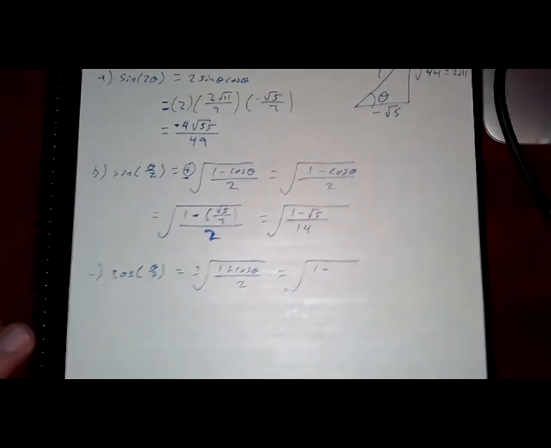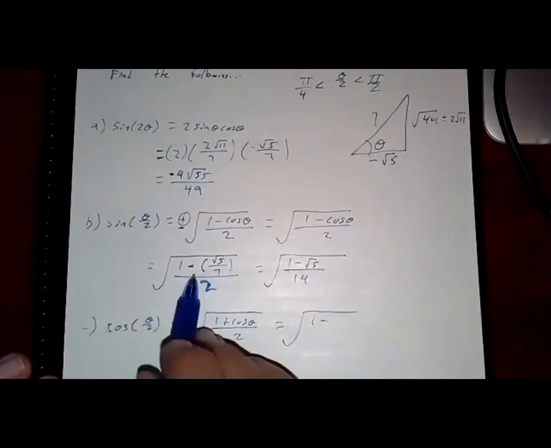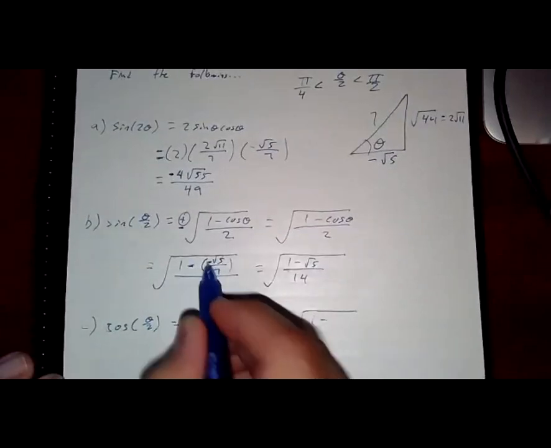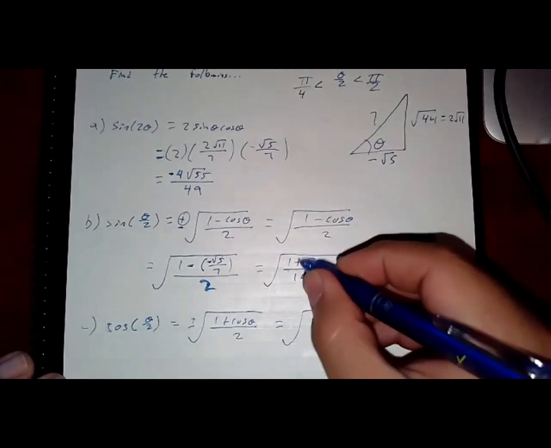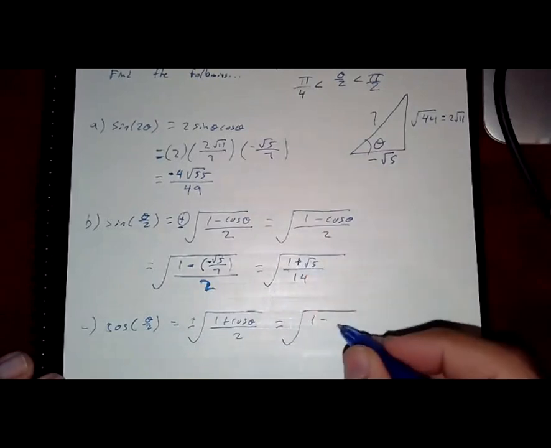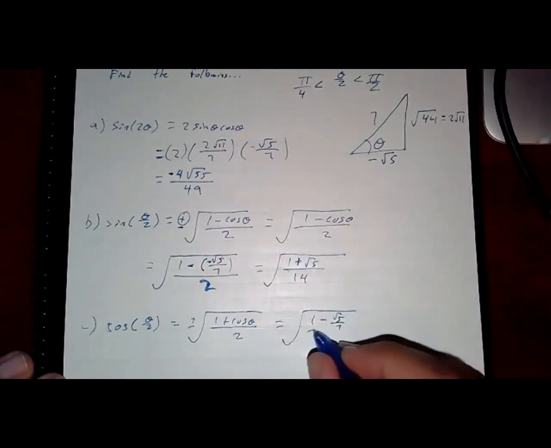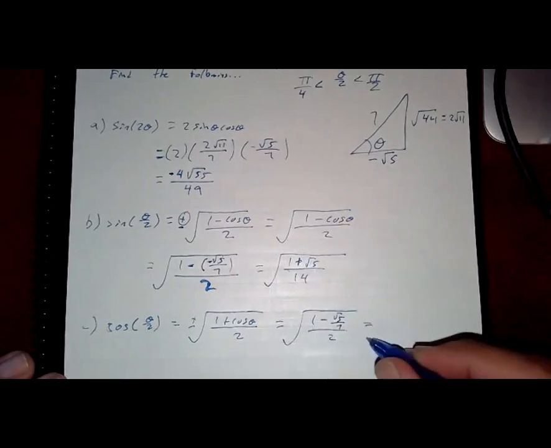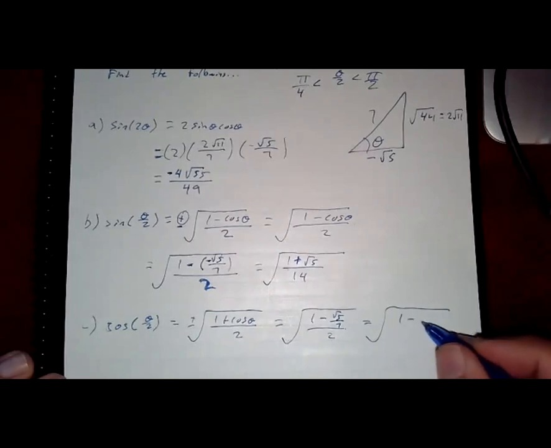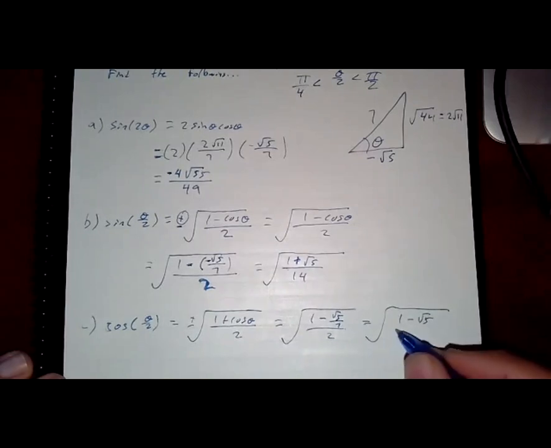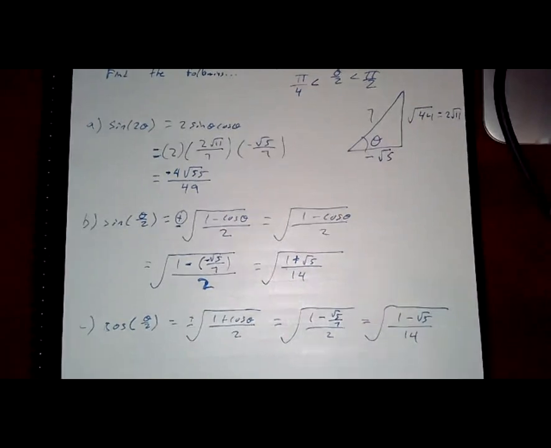Oh, I forgot something, didn't I? This is a minus. So this should be a minus here, root 5 over 7, over 2. It'll be the same thing, except minus.